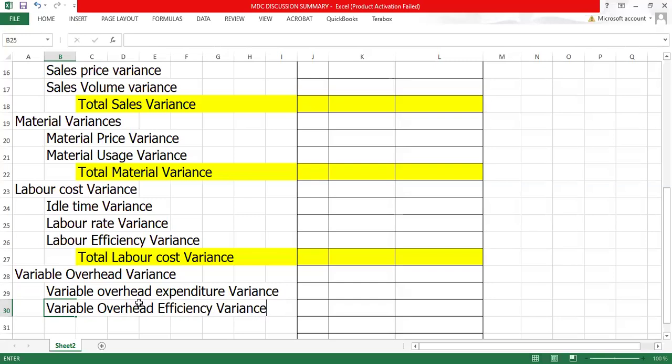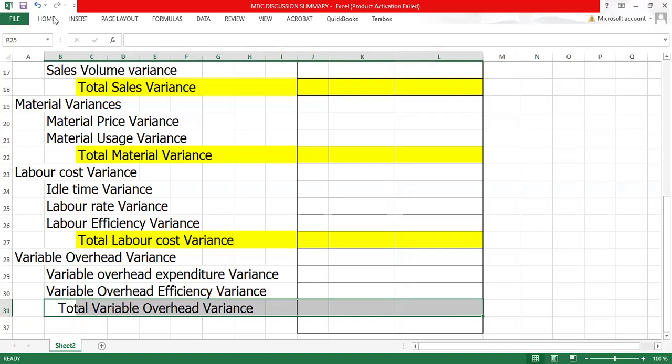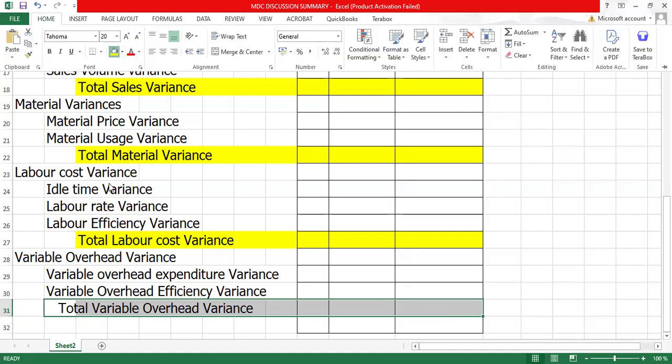Then add them and get the total variable overhead variance. Okay, please understand the flow so that you don't mess up if you meet this question.